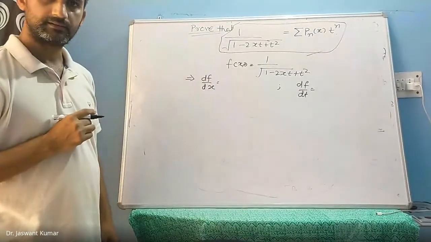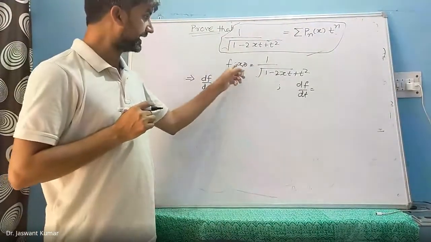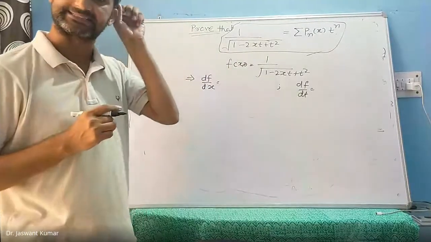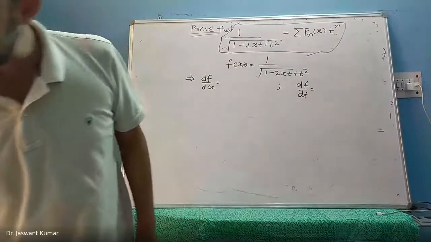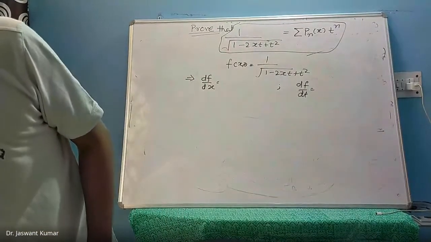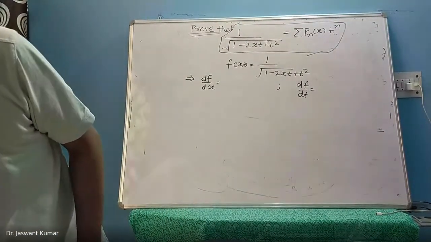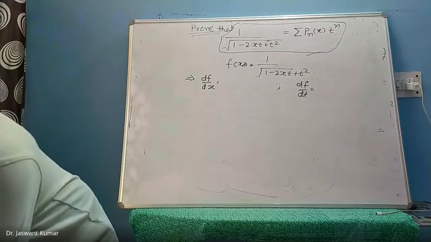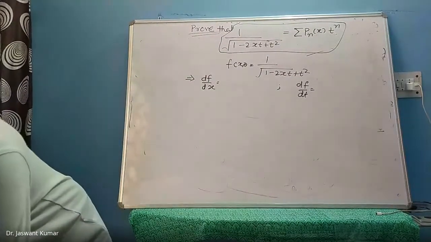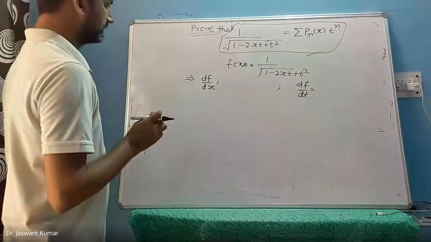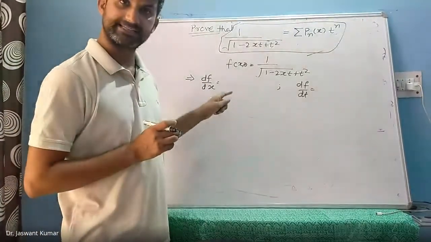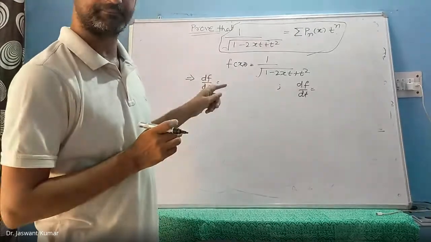How many of you tried calculating df by dx? Tell me, did you try at any time or did you not? Yes, students. Tell me, did you try calculating df by dx or did you have no time?